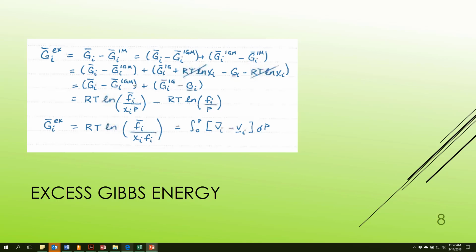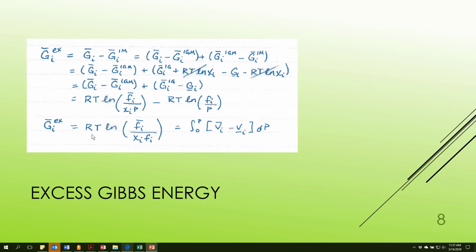This relates to the fugacity in a mixture. This relates to the fugacity of the pure. These are the relationships. I can use laws of logarithms in order to combine these into this expression.